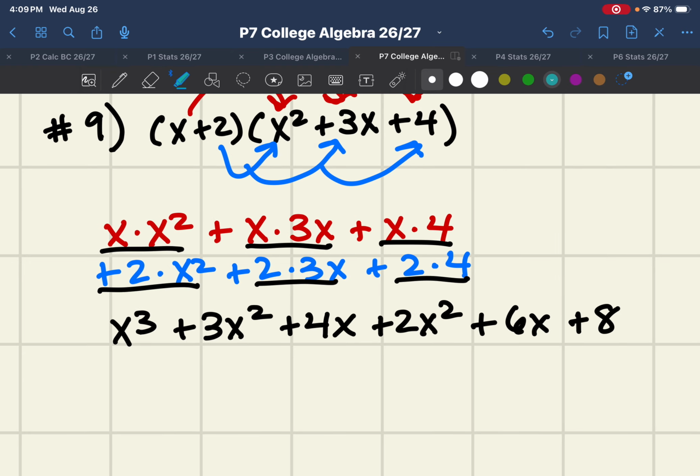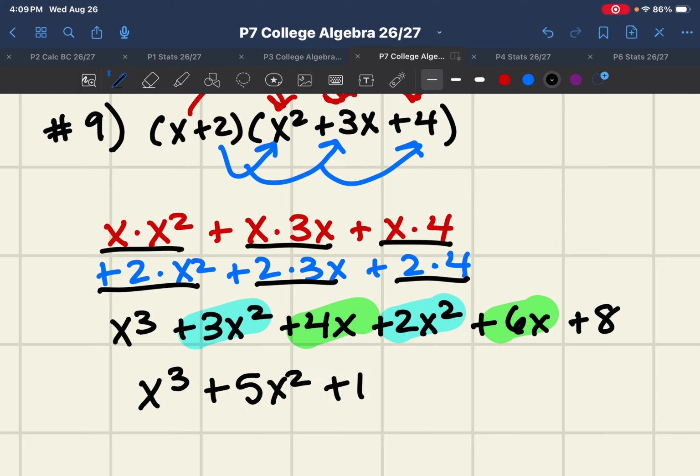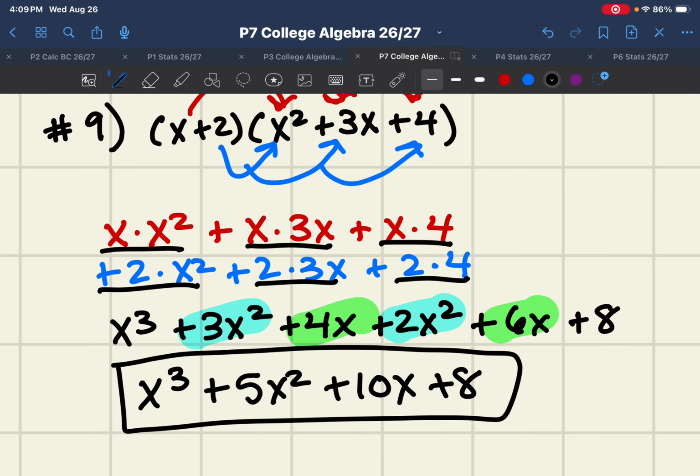Now I look through my problem and make sure I don't have any like terms, and if I do, I am combining them. So I have x squareds and x's. So this is x cubed plus 5x squared plus 10x plus 8. I added the coefficients of each one together and got my answer.